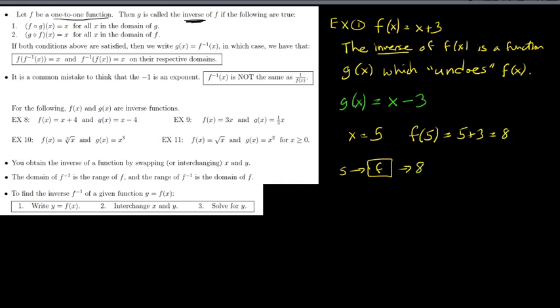The output, y, is equal to 8. Now, suppose we take this 8, the y value for f, and plug that into g, where g is x minus 3. Now g takes this 8 as the input and subtracts 3 from it, and 8 minus 3 is just 5.